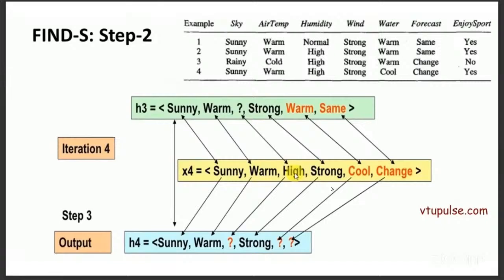Now, H4 is the final hypothesis. That is our solution. Now, out of this, if I know the values of sky, air temperature, and wind, those values are enough to decide whether you enjoy the sport or not. If any value is other than this, it means you are not enjoying the sport. So the same, we got the result earlier.